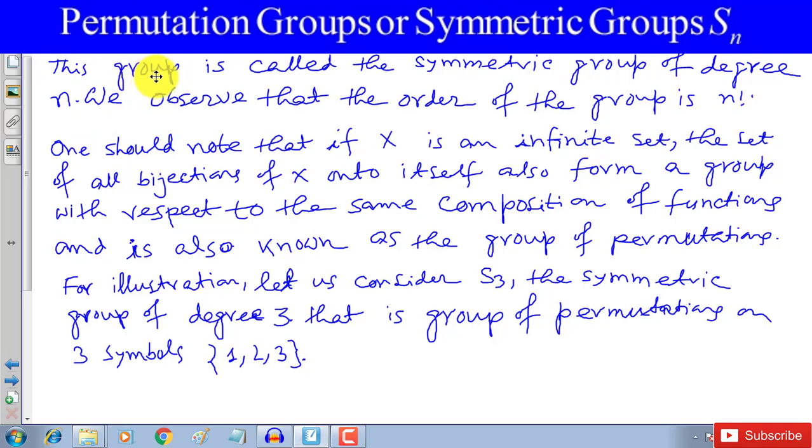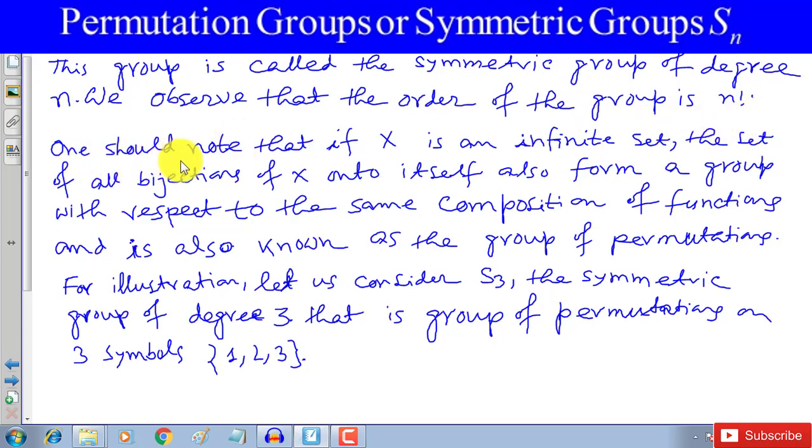This group is called the symmetric group of degree n. We observe that the order of the group is n factorial.